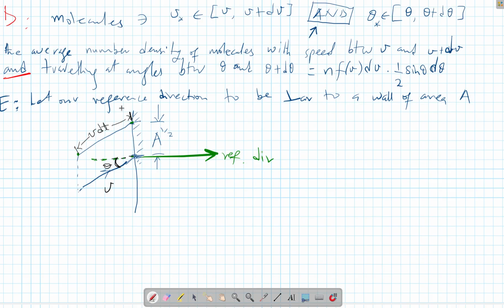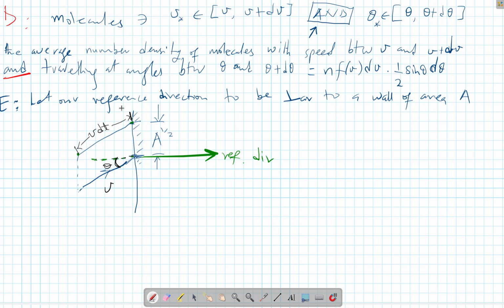The values of the angles have to lie between theta and theta plus d theta. And now we want to consider, out of such molecules, the ones which are hitting a wall.